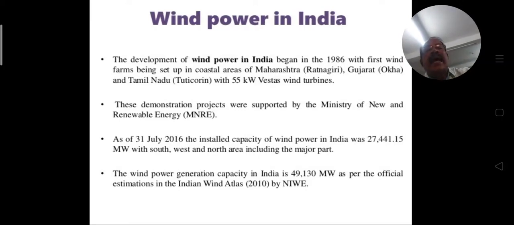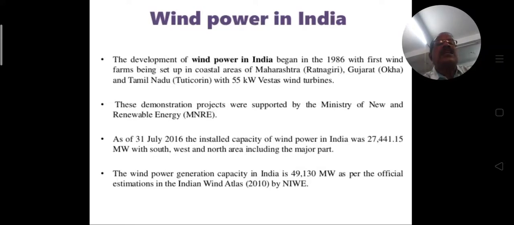And finally, what is the wind power in India? The development of wind power in India began in 1986 with the first wind farms being set up in coastal areas of Maharashtra, Ratnagiri and Gujarat, and Tamil Nadu, Tuticorin with 55 kilowatt Vestas wind turbines.